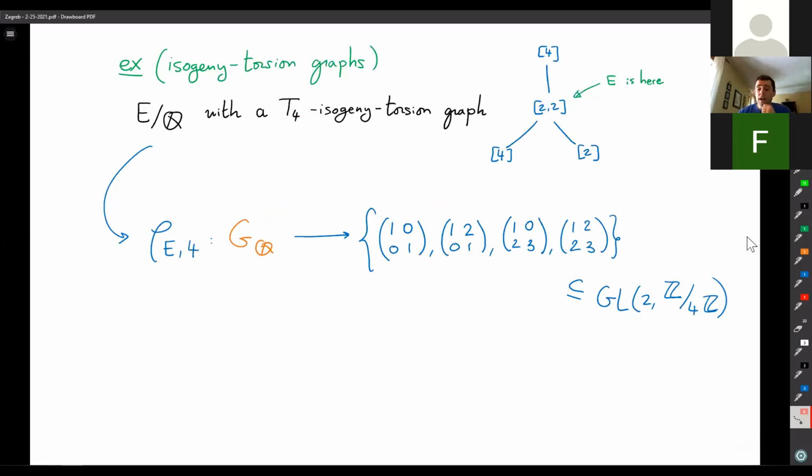Same thing. It turns out that if you have an elliptic curve E with a T4 isogeny torsion graph of this shape, like we saw in the example, and E, your elliptic curve, is right in the middle, you can prove that this is equivalent to saying that the mod 4 representation lands in this subgroup of GL2 of Z mod 4.